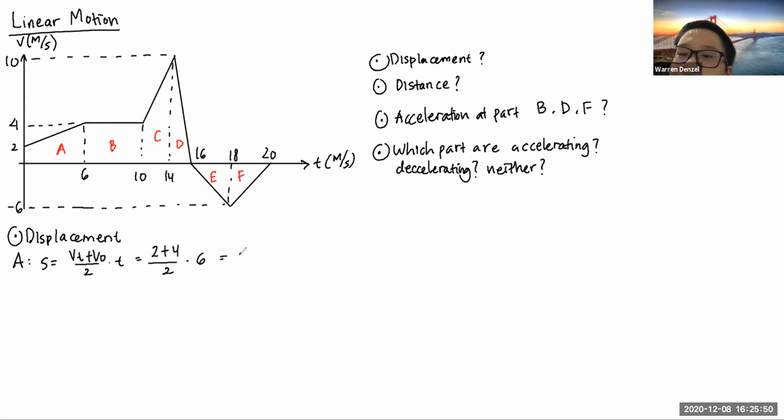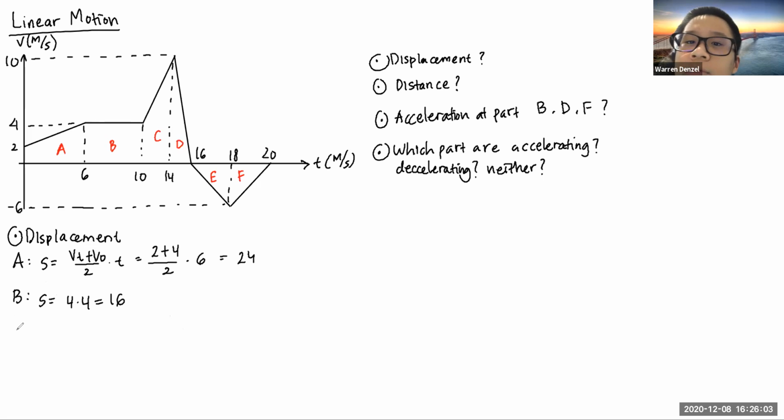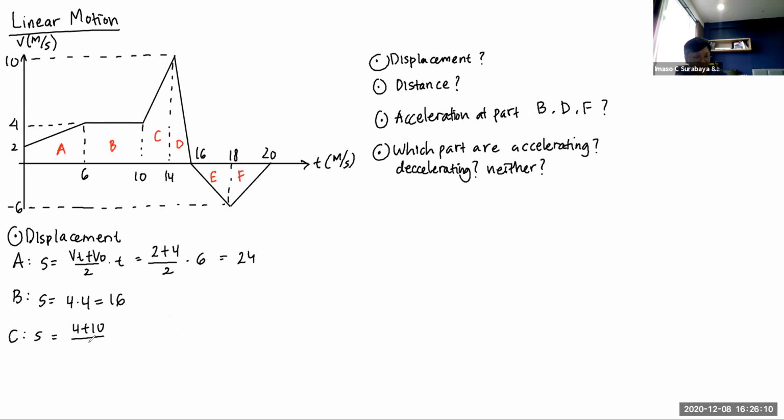So it's 24. For part B, it is 4 times 4. So 16. For part C, 4 plus 10 divided by 2 times 4.